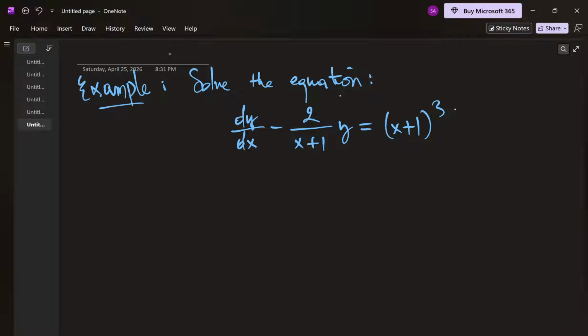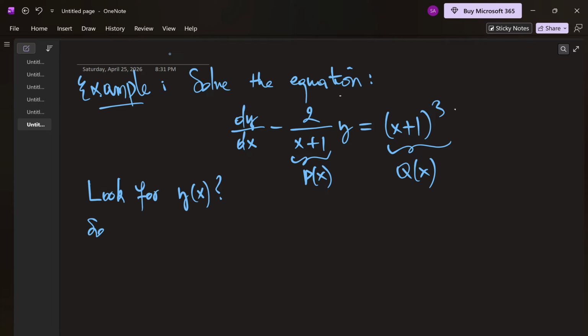So as you can see, this is a function p of x and this is a function q of x. They are known, and now we are looking for the solution y. Look for y of x.